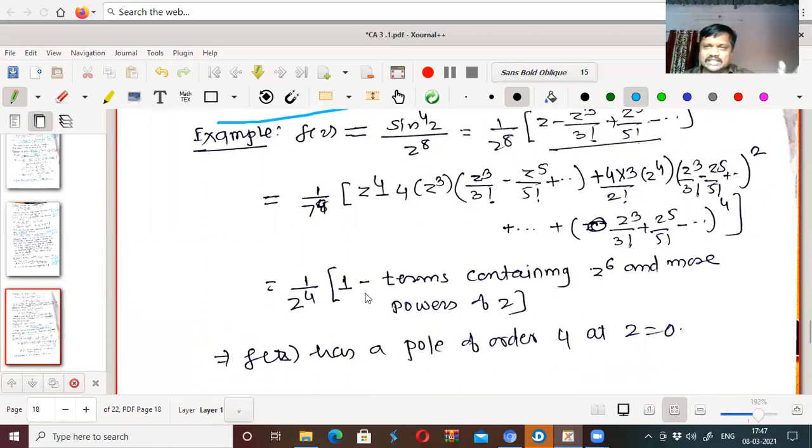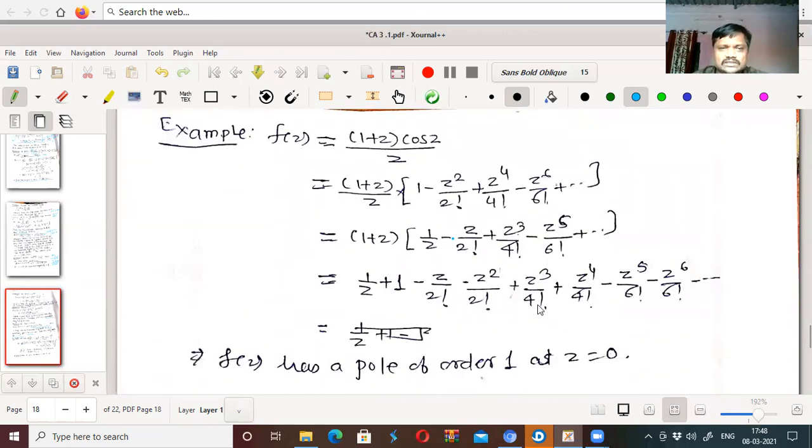Therefore, this has a finite principal part. The first term will be 1 upon z to the power 4, the second term will be something upon z raised to 3, the third something upon z raised to 2 and so on, and then we go to z raised to 1, z raised to 2, z raised to 3, positive powers. So the analytic part must be there, and in the principal part only 4 terms will be there, with the highest power of 1 by z being 4, and therefore f of z has a pole of order 4 at z equal to 0.